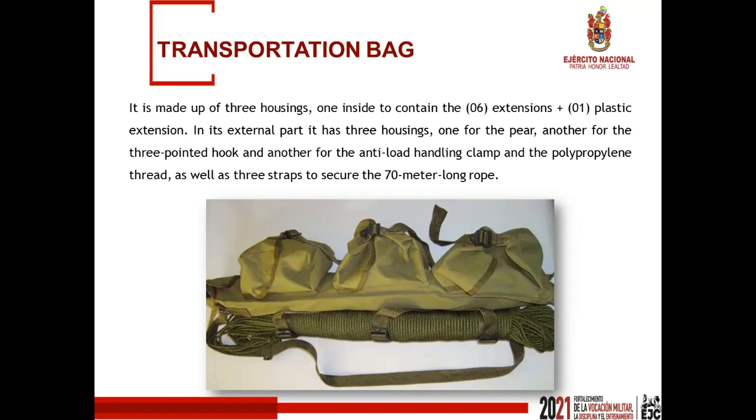In its external part, it has 3 housings, one for the pair, another for the 3-pointed hook, and another for the anti-load handling clamp and the polypropylene thread, as well as 3 straps to secure the 70-meter long rope.